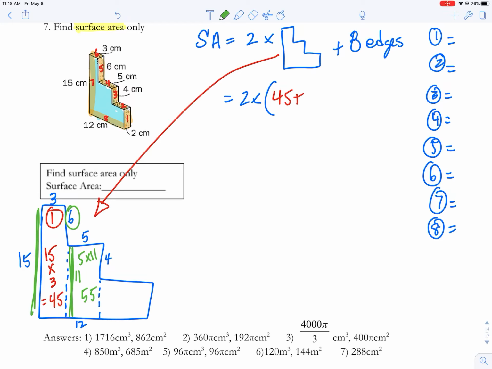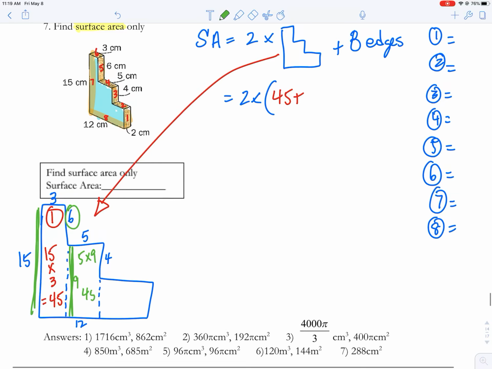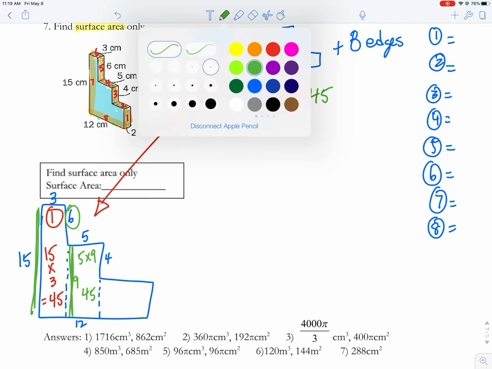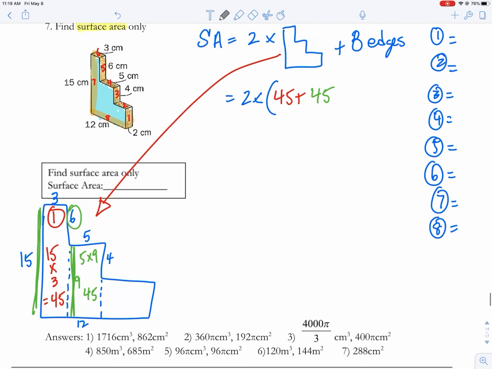I subtracted wrong. 15 subtracting 6 from 15 gives us 9. So that would be a height of 9, and that would give us then that this area is 45. So we'd add that in this total shape. And then this part that's left, I've used up 3 and 5 out of 12. So 8 out of 12 leaves me with 4 left.